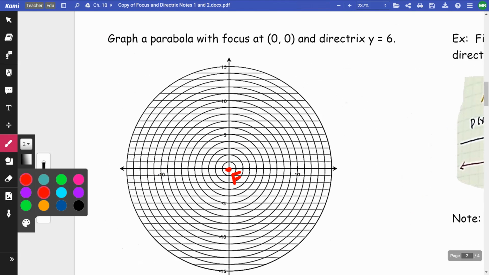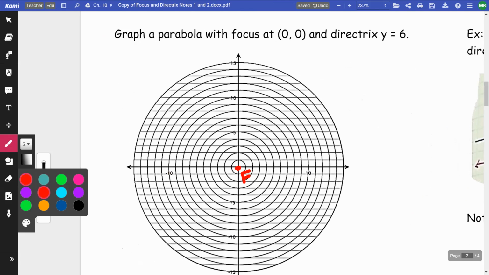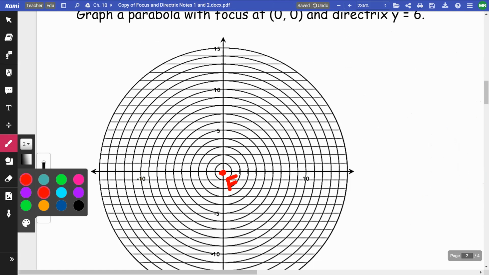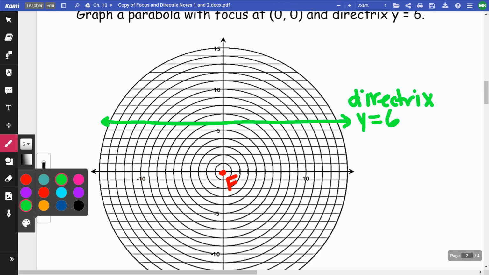And then we're going to graph the line y equals 6. Okay, so I'm going to graph the line y equals 6. That is my directrix. And again, I'm putting F for focus.